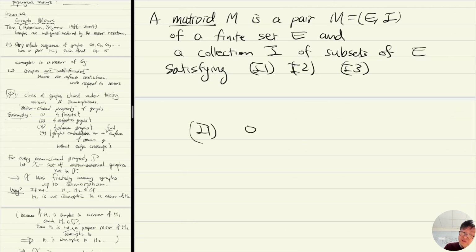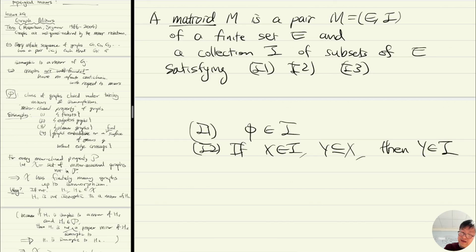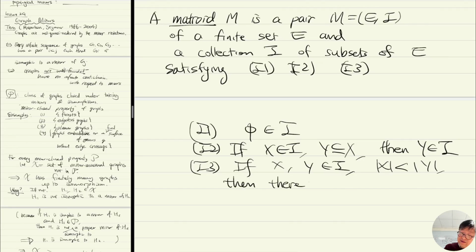I1 just means that the empty set is in I. I2 means if X is in I and Y is a subset of X, then Y is also in I. And I3 means if X, Y are in I and the size of X is less than the size of Y, then there is an element in Y minus X such that X union that element is in I.